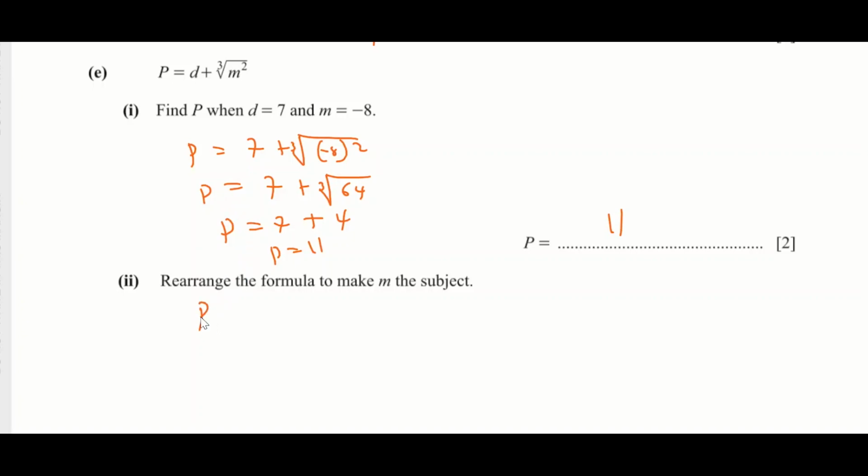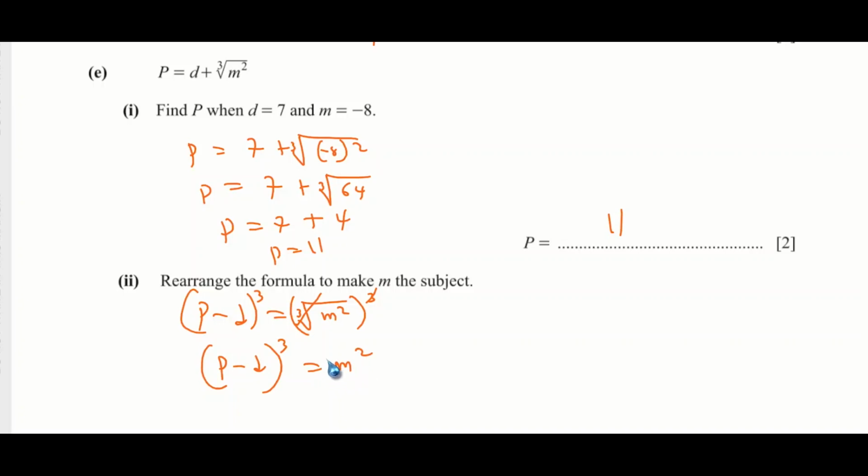That will be P minus D equals cube root of M squared. Okay, so it's like the M squared is hidden now. So we have to cube both sides. When you take the cube of both sides like this, we cancel the cube root. So we have P minus D cubed equals M squared.